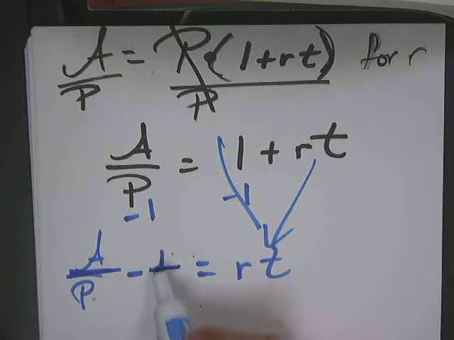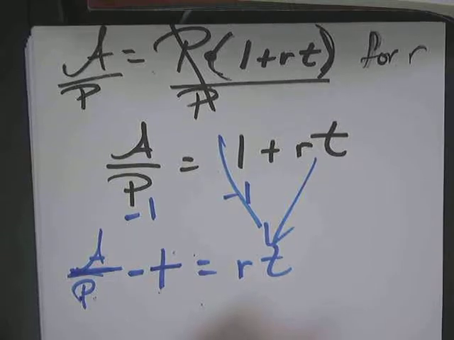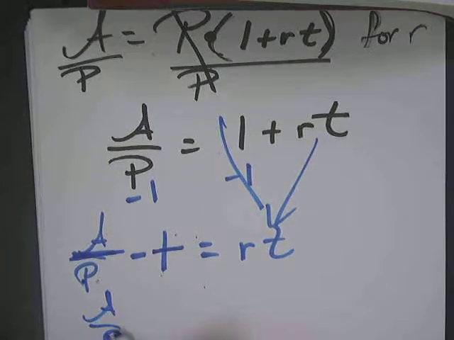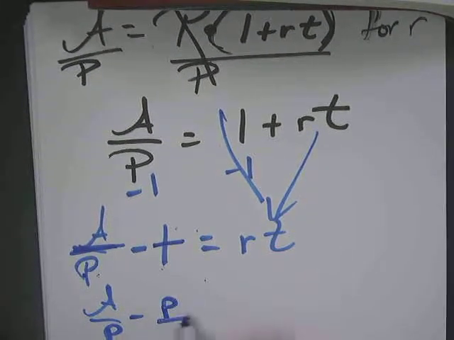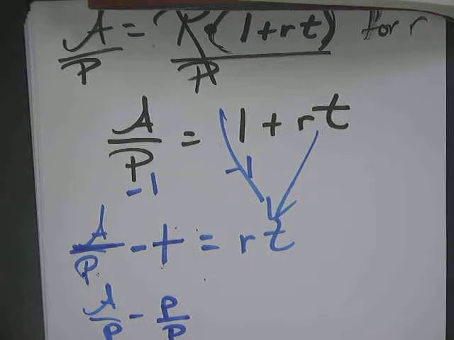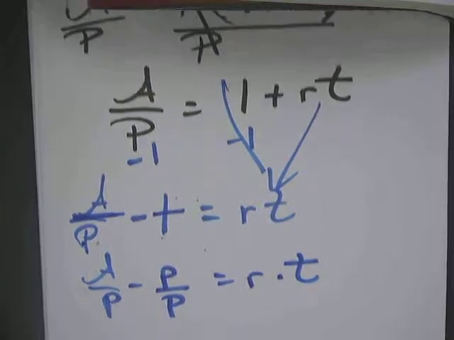What you can do is turn this into P over P, so you have a common denominator on this side. Does that make sense, that you could turn 1 into P over P to get a common denominator?